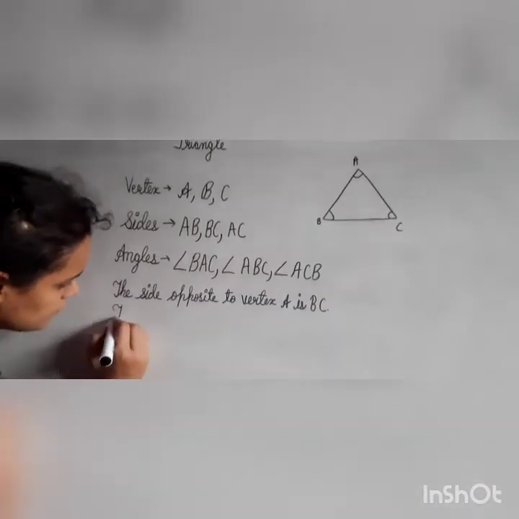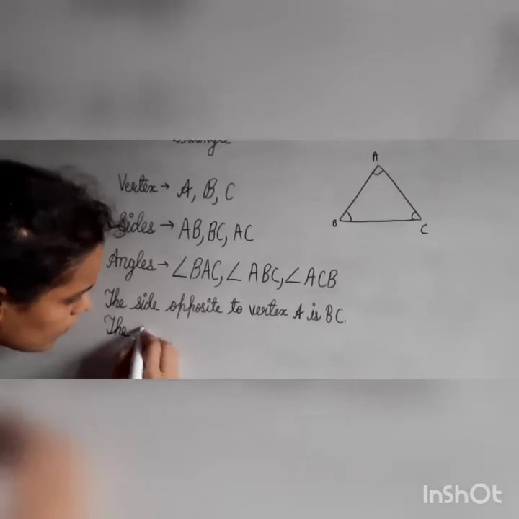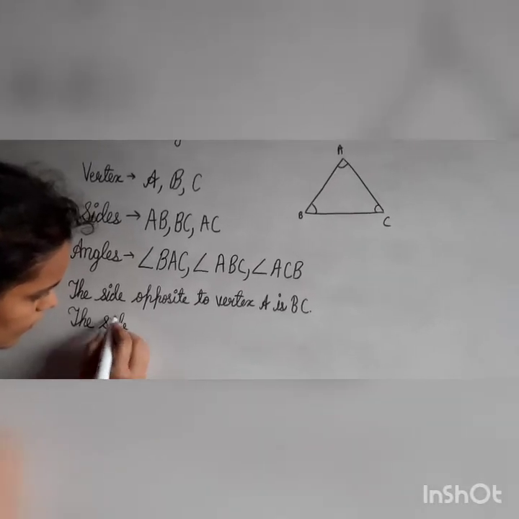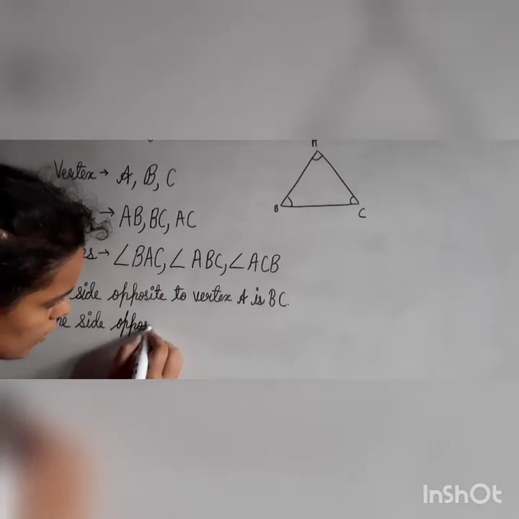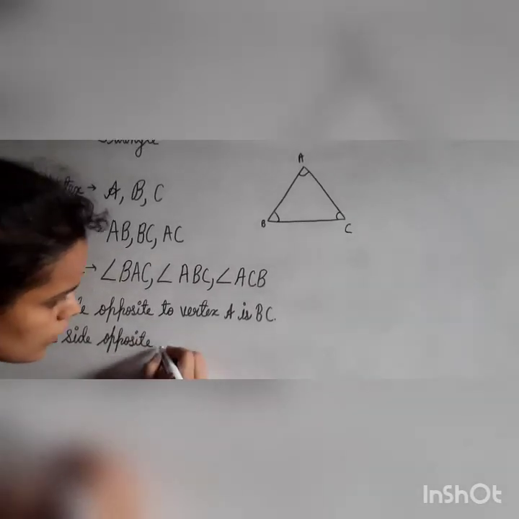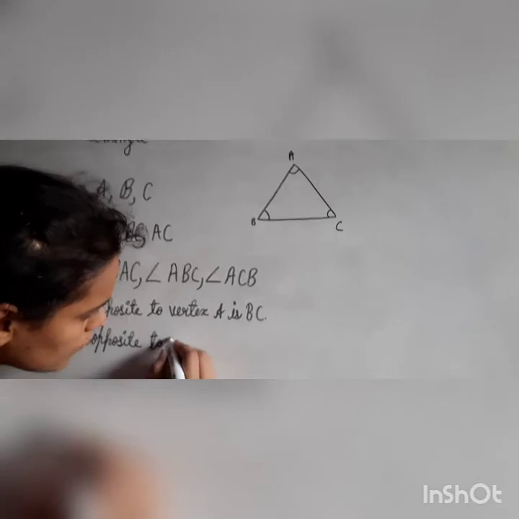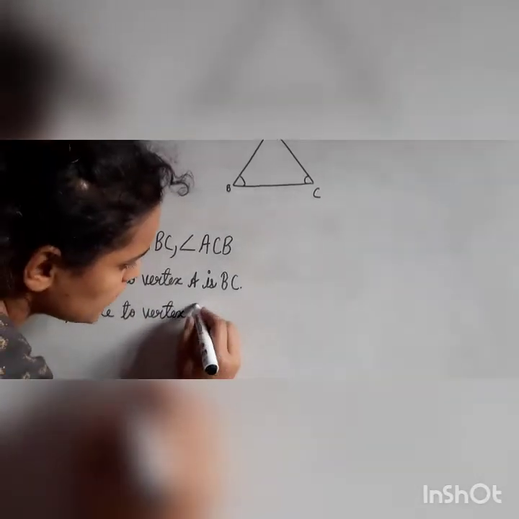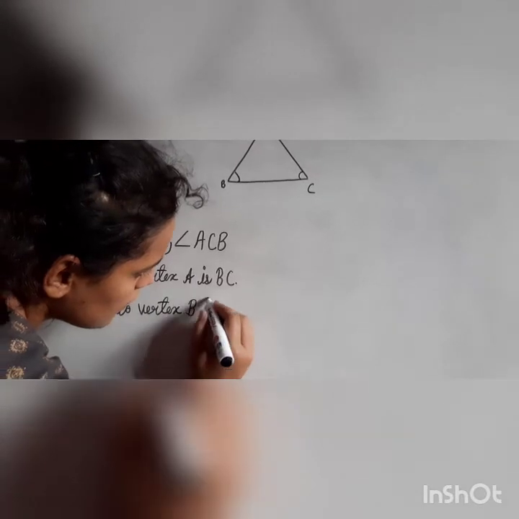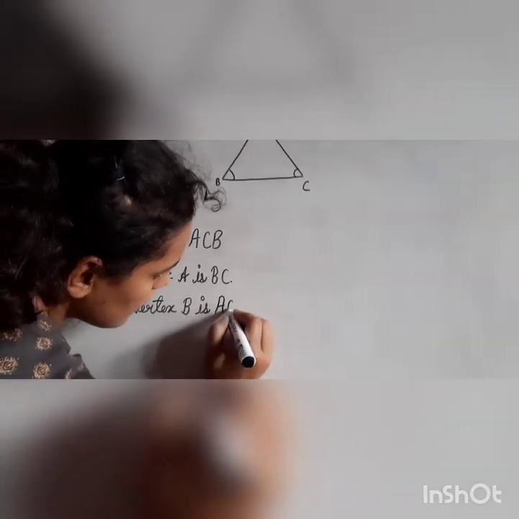Next, the side opposite to vertex B is AC.